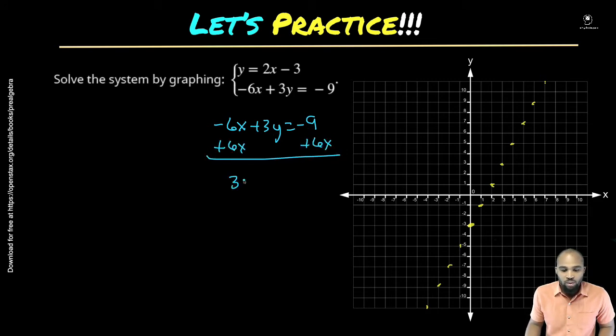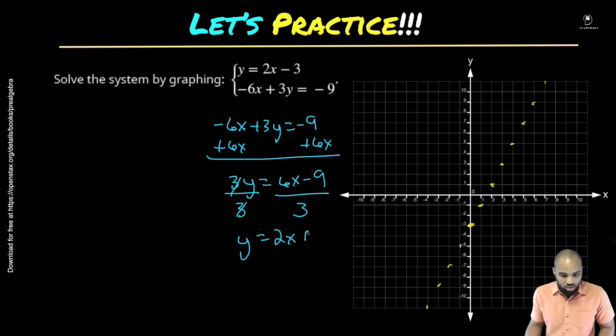That gives me 3y equals 6x minus 9. Divide both sides by 3 to get y by itself. 6 divided by 3 is 2, so that gives me 2x. Negative 9 divided by 3 is negative 3. So here is my equation.